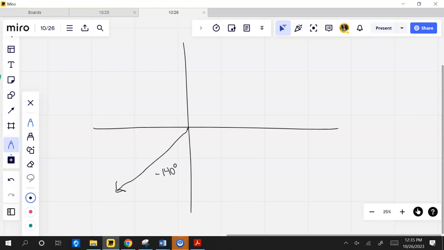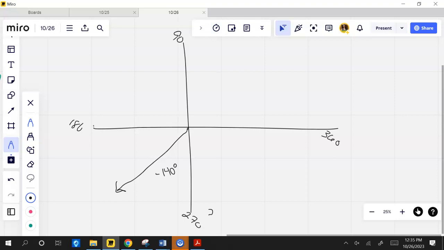How many degrees is each click around the quadrant? 90, right? This is 90, this is 180, this is 270, this is 360. That's if I'm going positive, so I need to go backwards. There's negative 90.